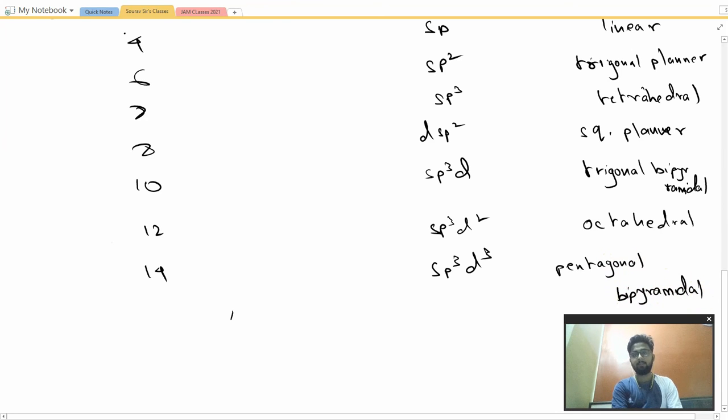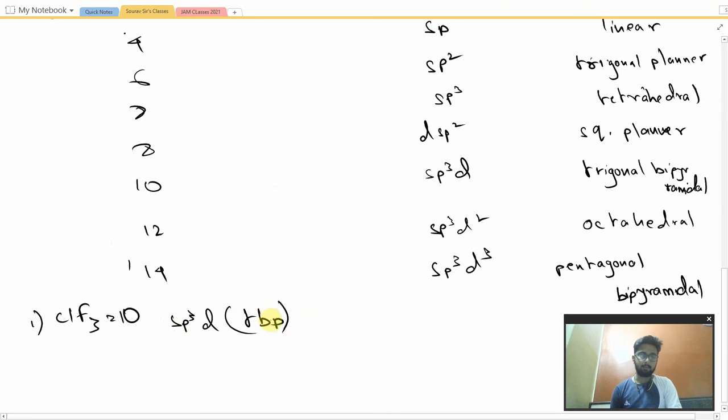Now look at the examples. The first example that we have discussed, ClF3, has 10 electrons. So these 10 electrons would have the hybridization sp3d. The geometry would be trigonal bipyramidal, that is TBP, and let us draw the structure.